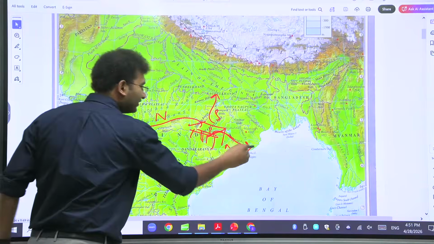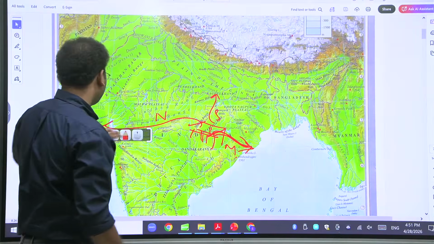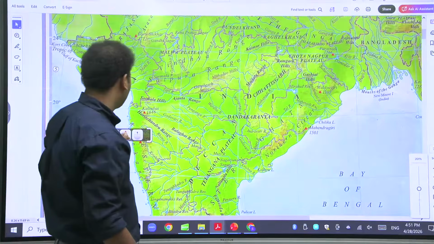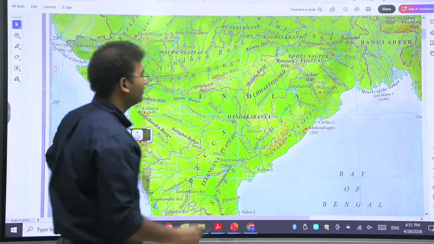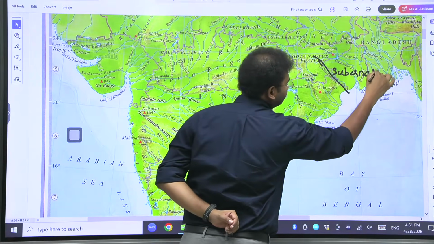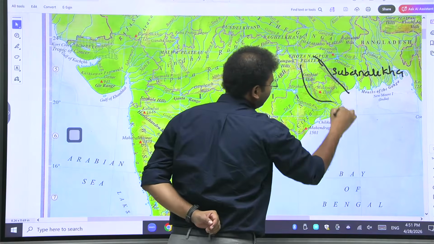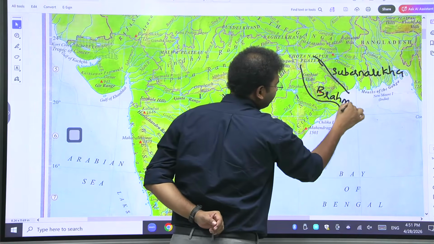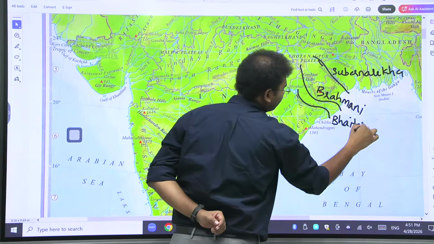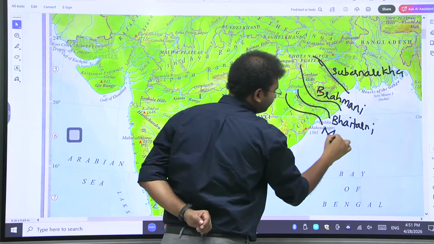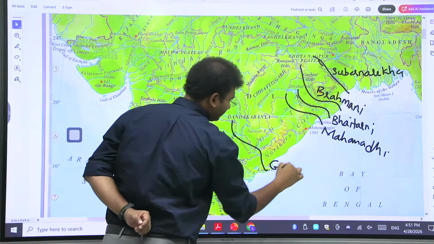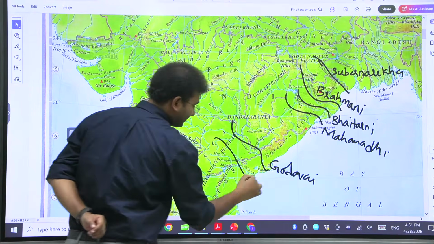So, Mahanadi. But before we go for Mahanadi, I want you to know the rivers which are present on the eastern side. One by one in the same order, whatever I write, you just need to know that. First, Subarnarekha, then Brahmani, Baitarani, Mahanadi, Godavari, Krishna.